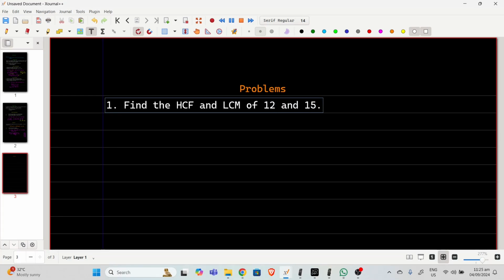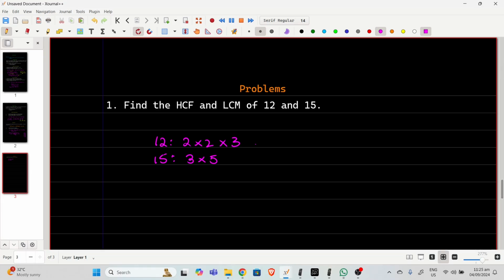So that's the first one. Let's do the solution to that. The HCF of 12 and 15. Let's say I'm using the prime factorization method. The factors of 12 are 2 times 2 times 3, and 15 is 3 times 5.